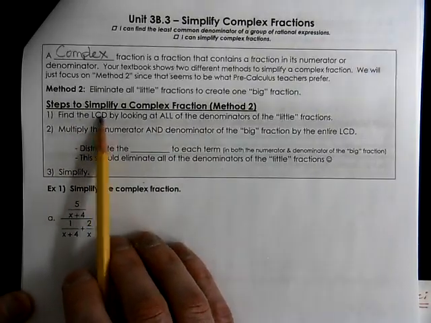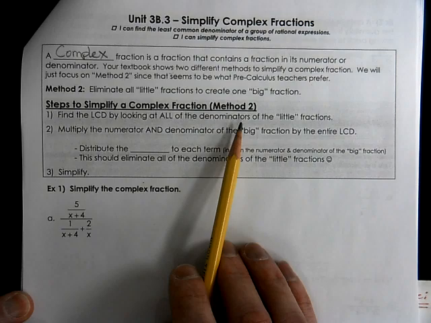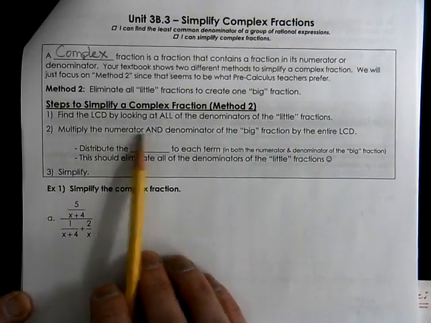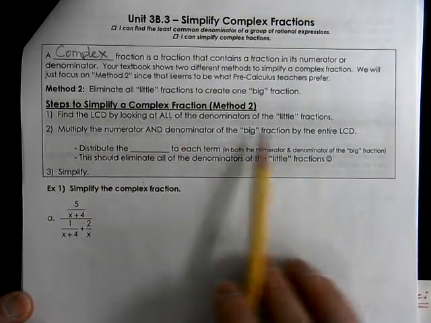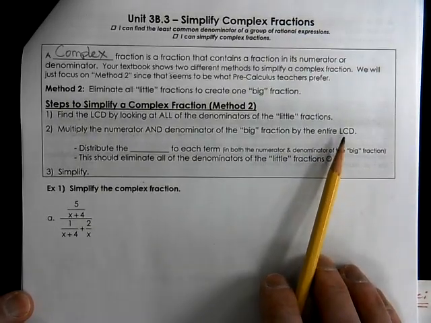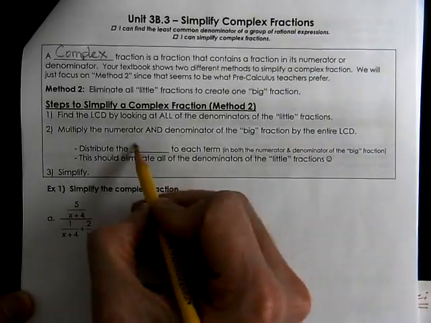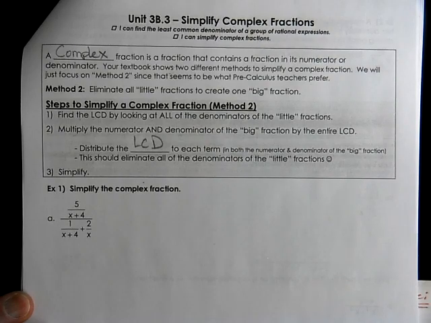We're going to find an LCD, the least common denominator of every denominator we're looking at. We're going to multiply the numerator and denominator of the big fraction by that least common denominator. We're going to distribute the LCD to each of the terms. And then we'll be able to eliminate and have our final answer.